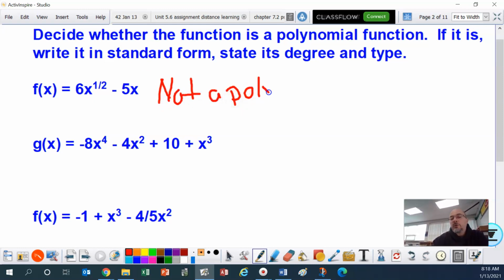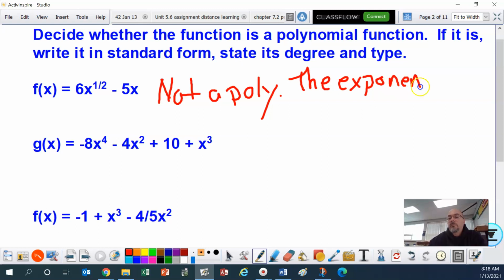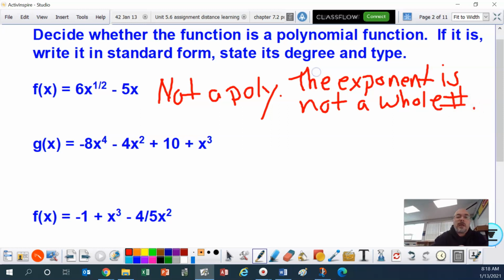I'm just going to use poly for the abbreviation, folks. So this is not a polynomial. Why is it not a polynomial? The exponent is not a whole number. That 1/2 is not a whole number.